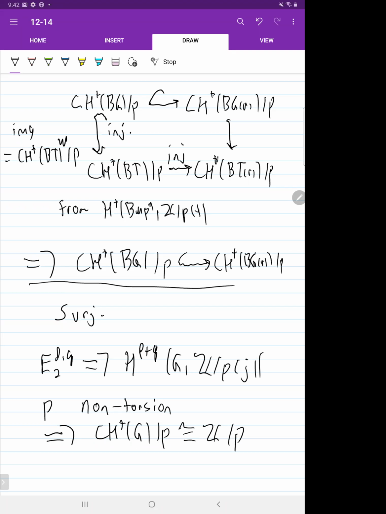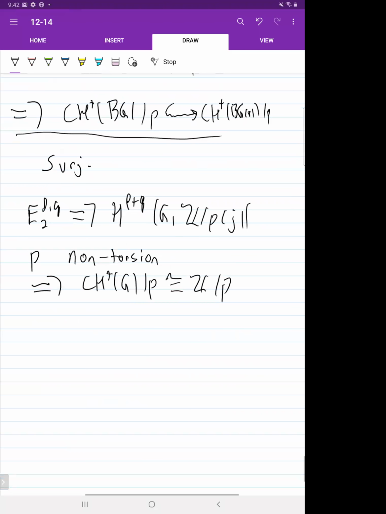So this then tells us that 0 is equal to the following Tor terms.